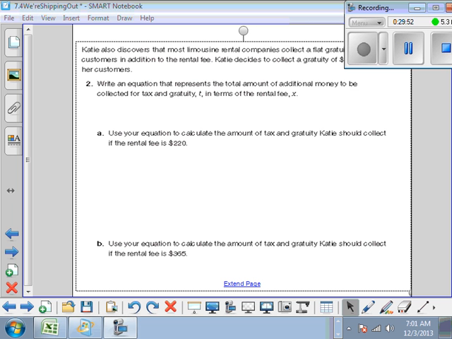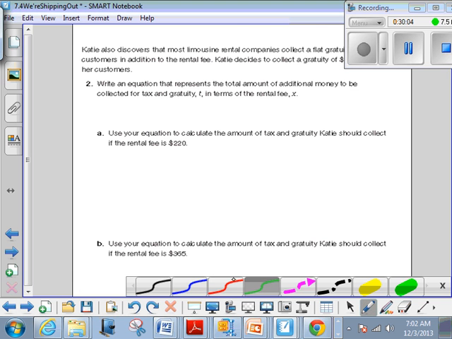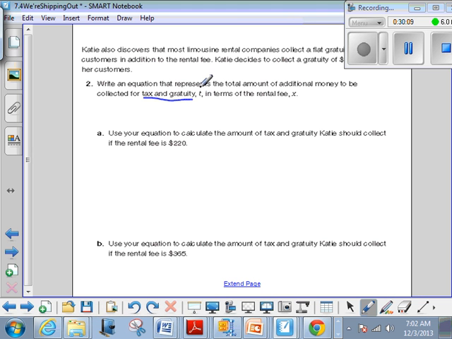So we have tax and gratuity, which is represented with a T, in terms of the rental fee, which is represented with an x. So looking at that, we know the total cost, or tax plus gratuity, is going to equal 0.07 times the rental fee, and then it's just a flat rate, so we just add the $35.